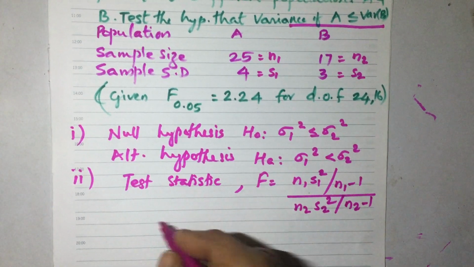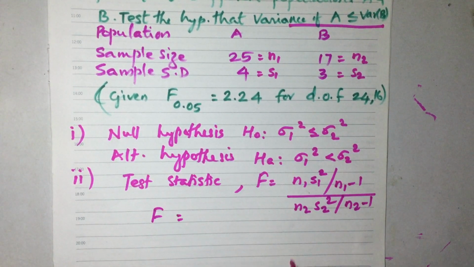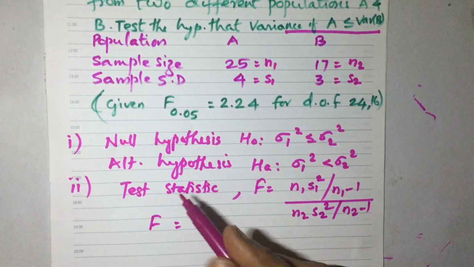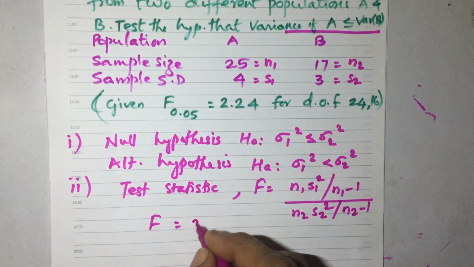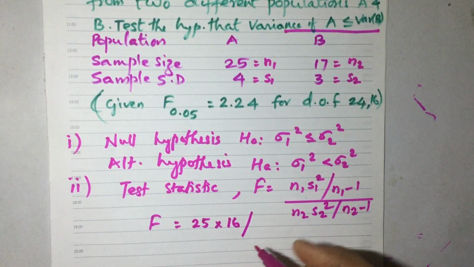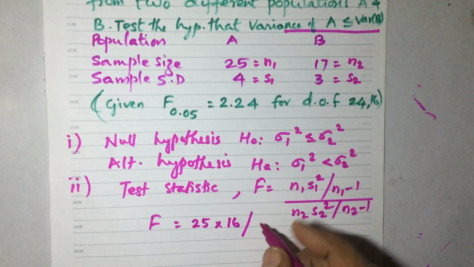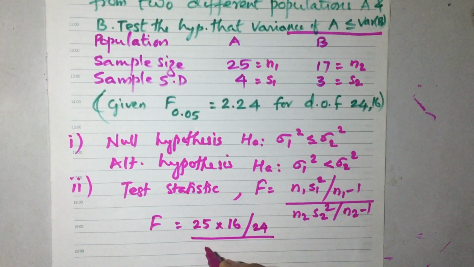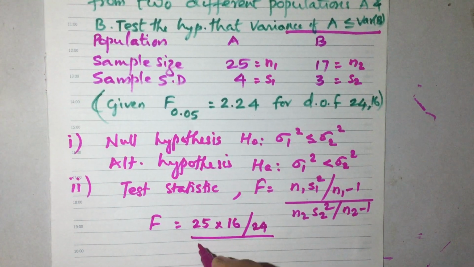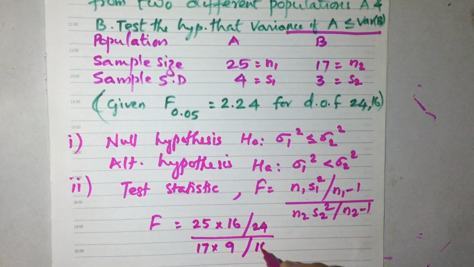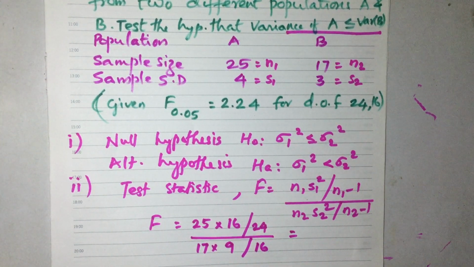Now the sample sizes here, this is n1, n2. Sample standard deviation, this is 4, s1, this is 3, s2. So s1 square is greater than s2 square here. Please check this also. So this is comparatively an easy problem. So now just put the value of n1. n1 is 25 into s1 square, so that is 25 into 4 square divided by n1 minus 1, that is 25 minus 1 is 24, divided by n2, 17 into s2 square, 3 square 9, divided by 16. Okay, so while calculating this, you will get this as 1.74.